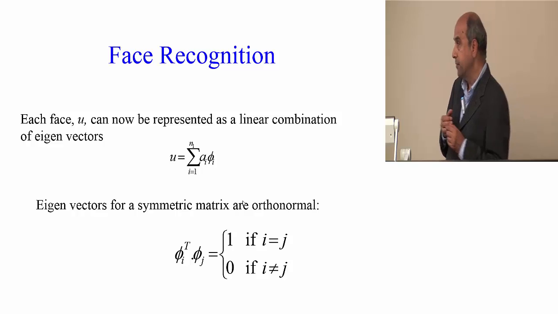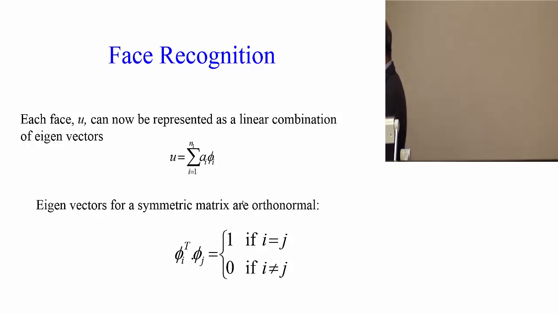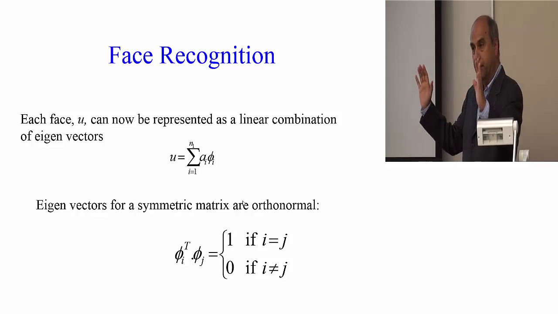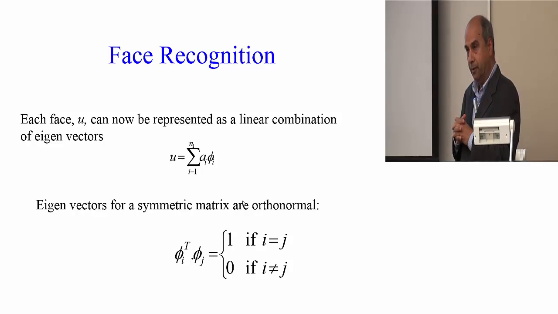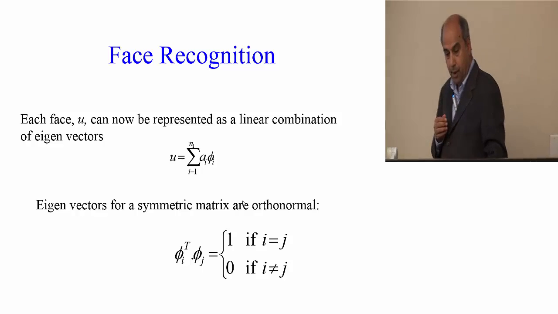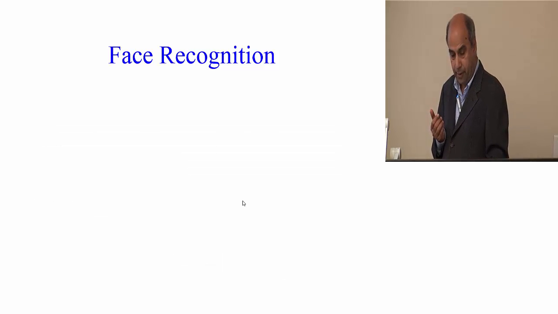So the eigenvectors of a symmetric matrix are orthonormal, which means if you take any two eigenvectors and find the dot product, if they are different, it'll be 0. If they are the same, it'll be 1. It's very similar to the rotation matrix we talk about. So this is an orthonormal matrix, orthonormal vectors.